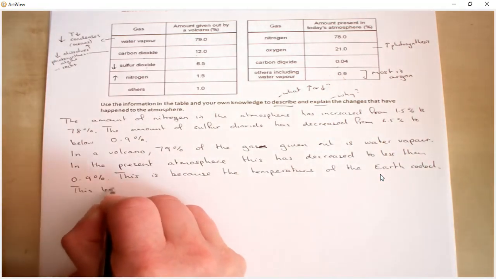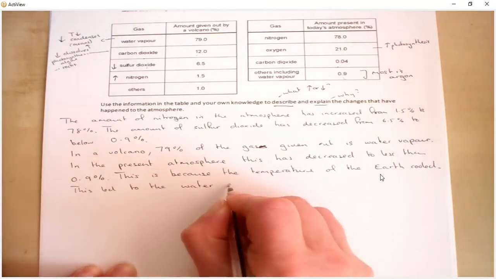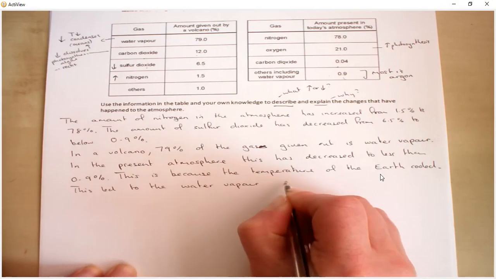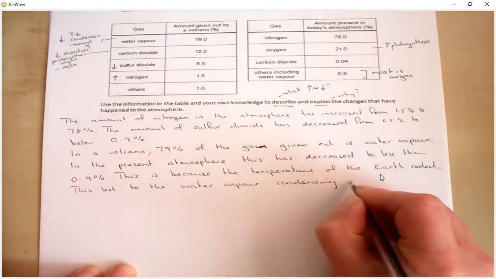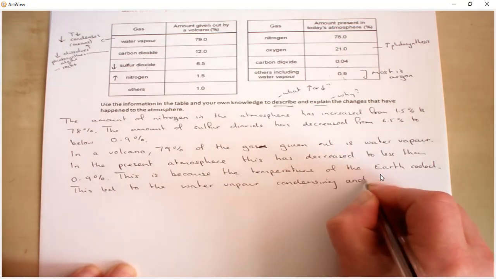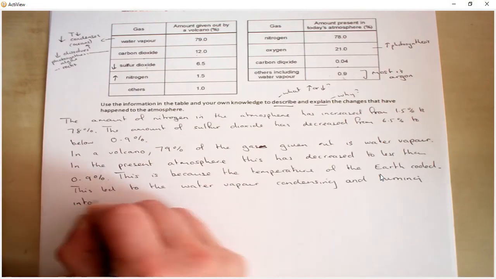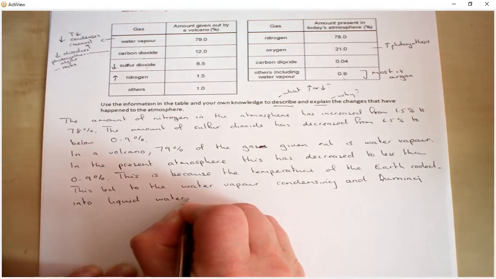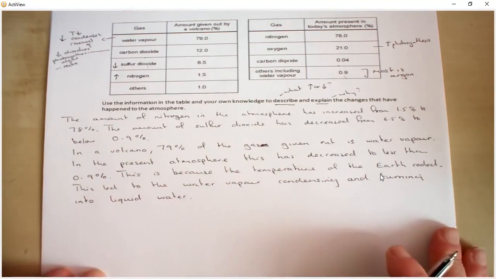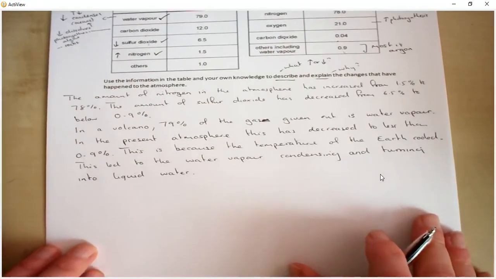This led to the water vapor condensing and turning into liquid water. Right, so that's the water vapor done. So I can tick that, so I know I've done it, and I've done the nitrogen, and I've done the sulfur dioxide. Right, so we need to do the carbon dioxide next.